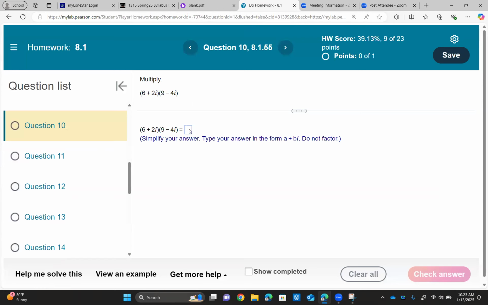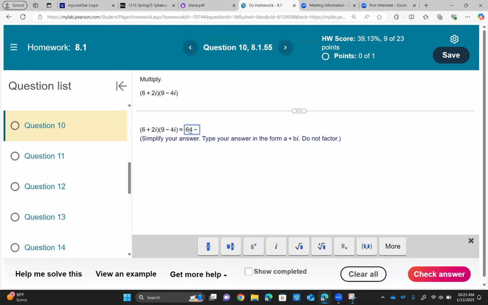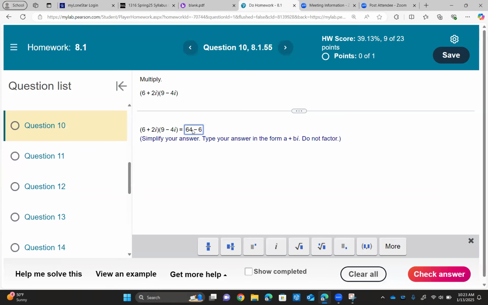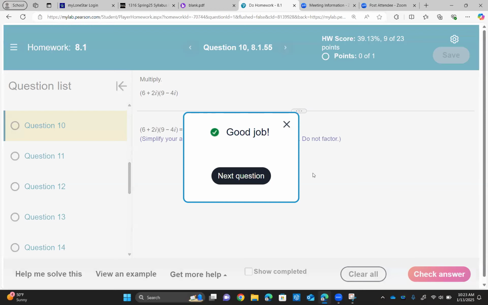Let me double check. 62 minus 6i is what we've got for the multiplication question.